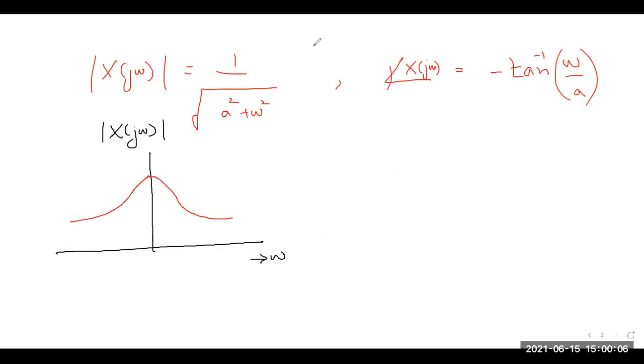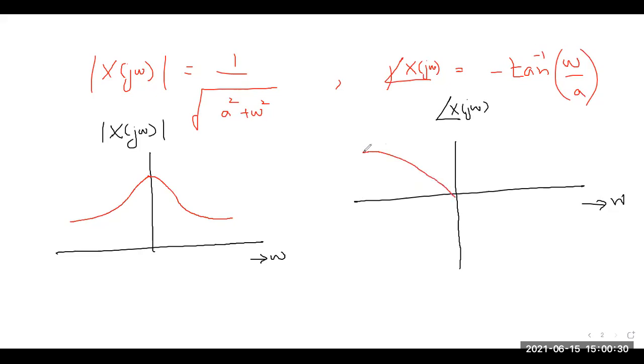And if you plot the phase part as a function of omega, you will get a shape like this, where this value will be pi by 2 and this value will be minus pi.